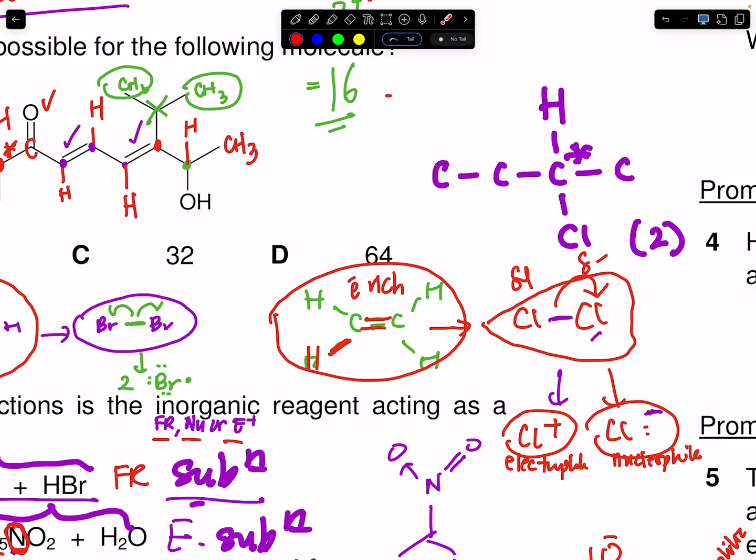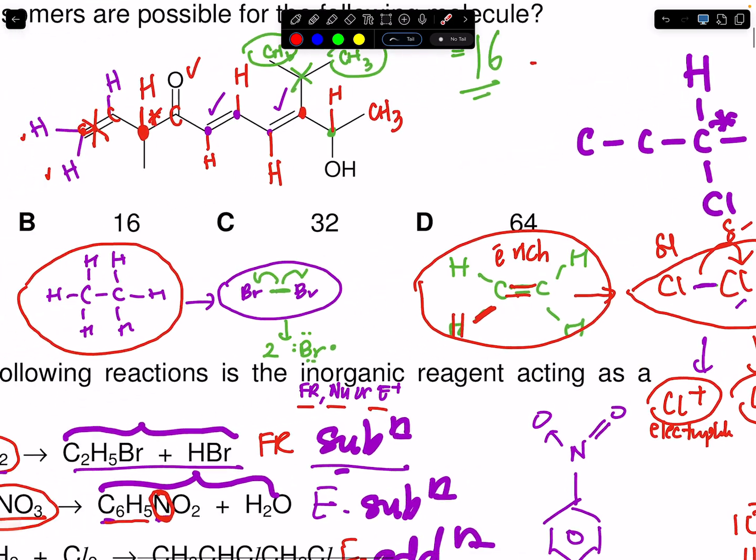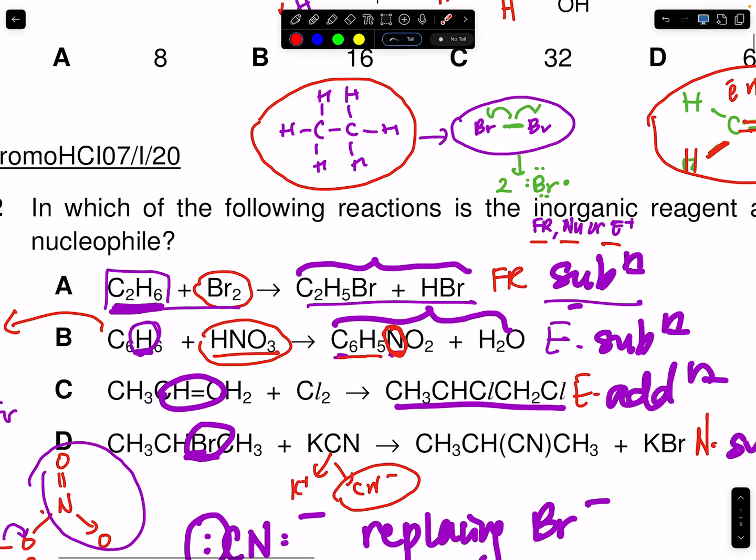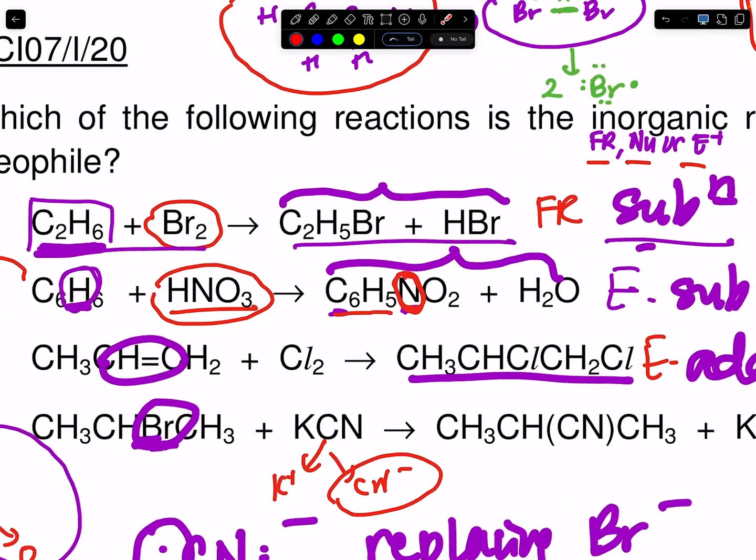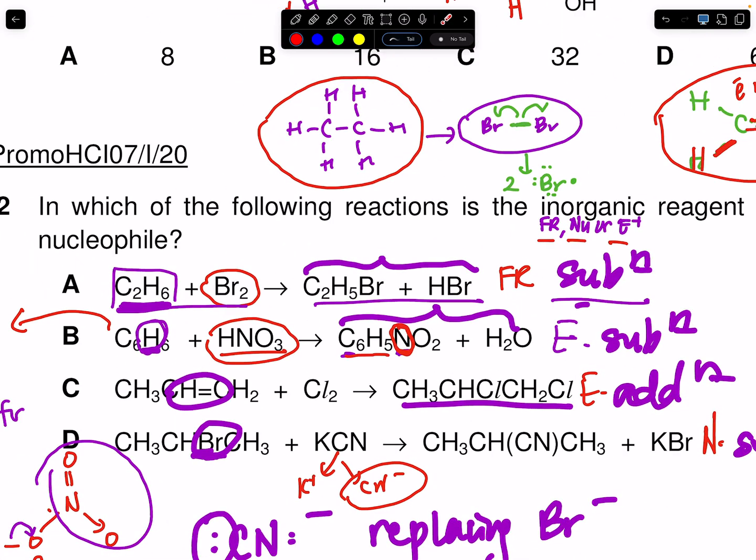Okay, and the last one. The last one is KCN, and just in case you all didn't know, KCN is an ionic compound. So it's divided into two, K plus and CN minus.